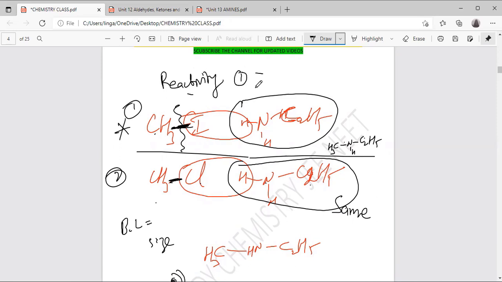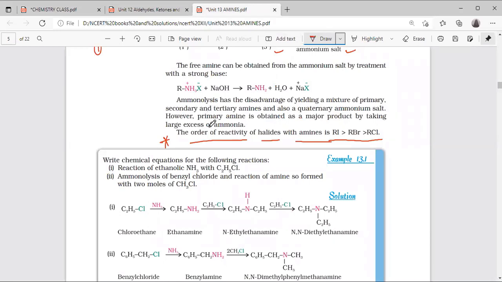Iodine is higher than chlorine. RI is higher than RCl. You can see RI is more than RBr than RCl. What was the reason? That bond strength only.